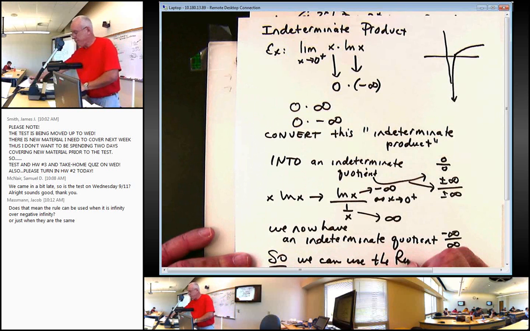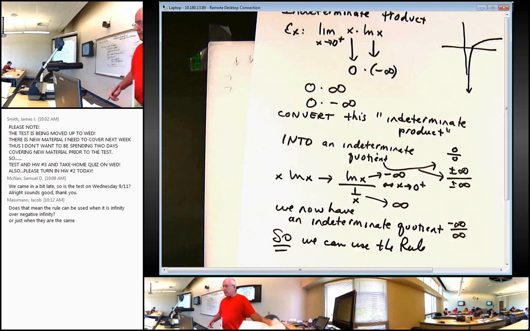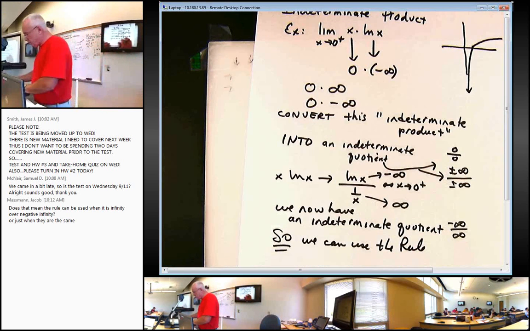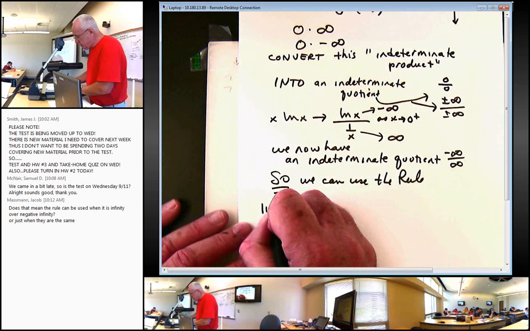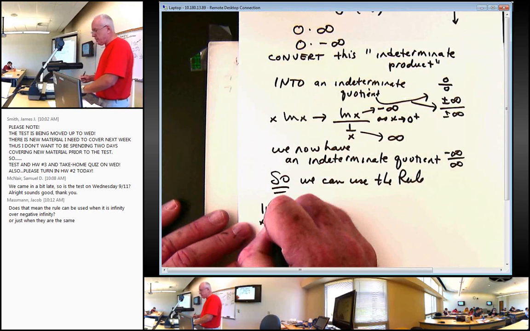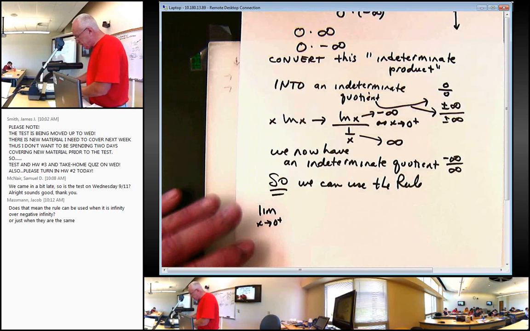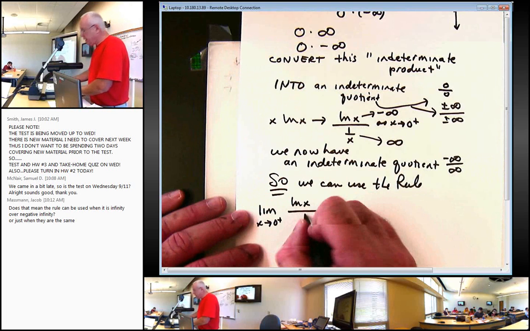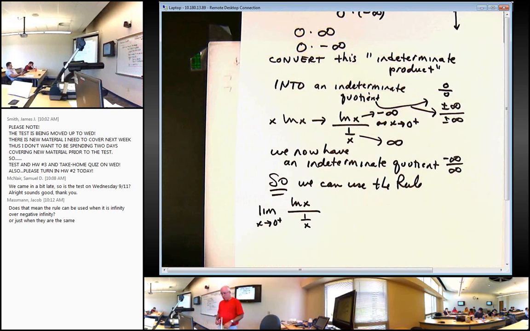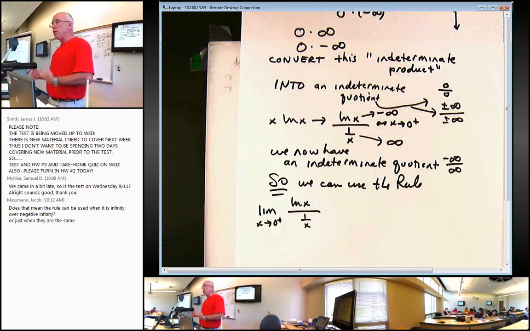So let's figure out what we get here. The limit as x goes to 0 from the positive side, rewritten as the ln of x in the numerator, and the denominator is now 1 over x. We know we can apply the rule.